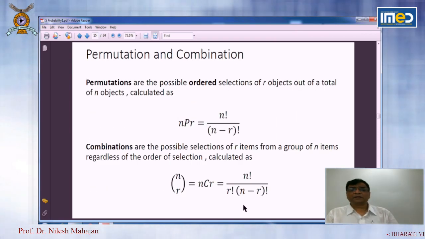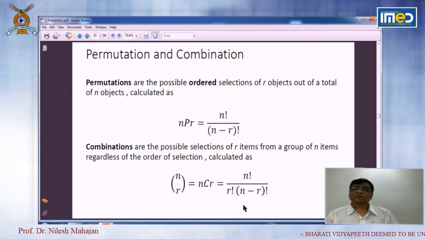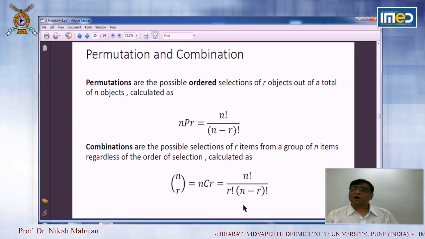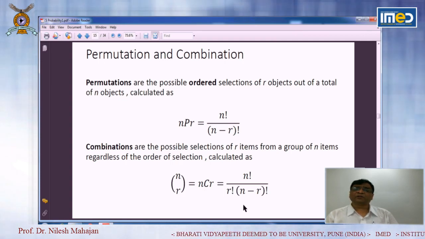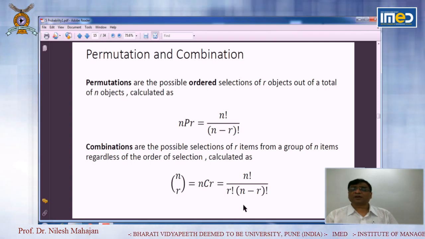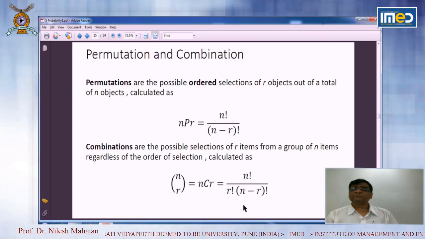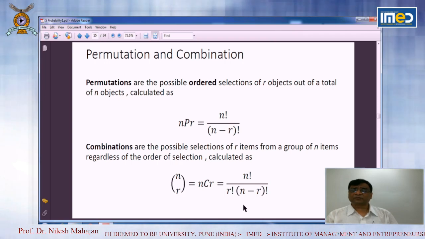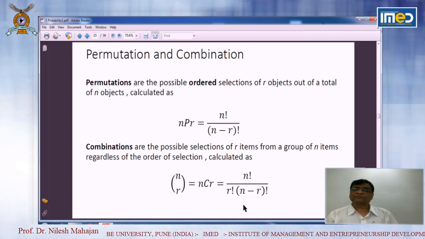Now, how to define it mathematically? The definitions are: permutations are the possible ordered selections of r objects out of a total of n objects, and it is calculated according to the formula nPr equals n factorial upon n minus r factorial.